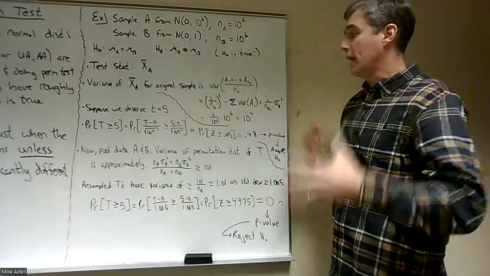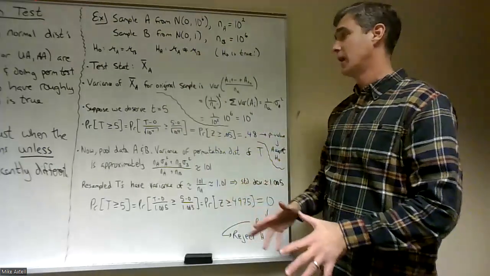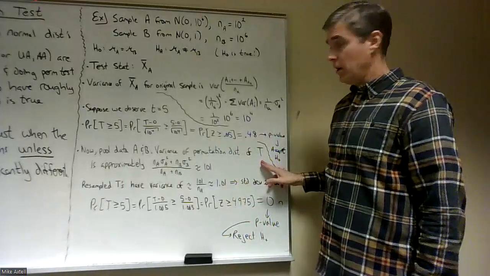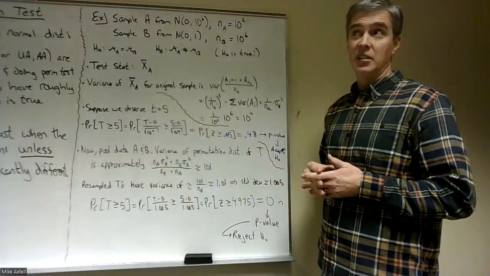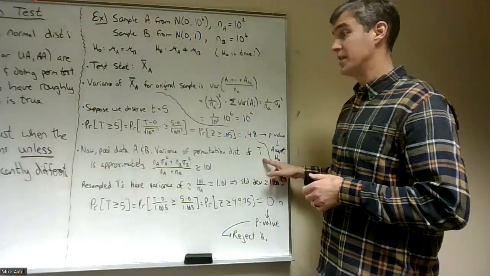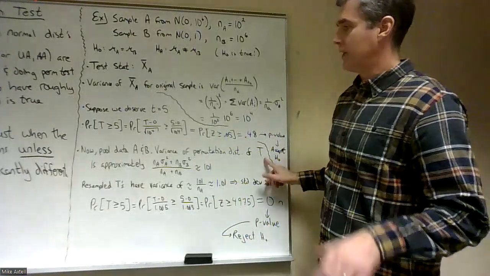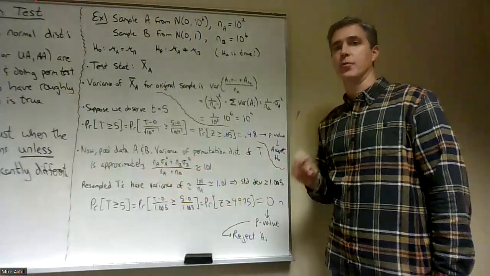Okay, well, now let's pool A and B together. So I take the 10 squared from A, the 10 to the 6 from B, put them all together, grab 100 of them, and let's look at what the variance of this test distribution is now. I'm not going to justify this at all, but there's a formula for it, and it turns out it's approximately 101.